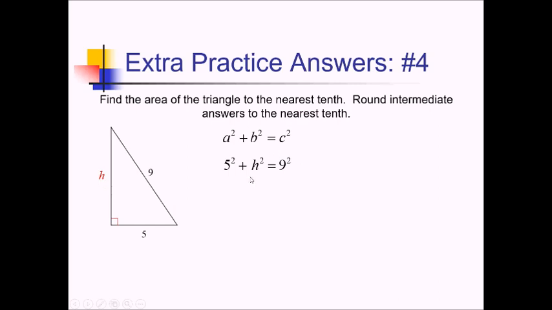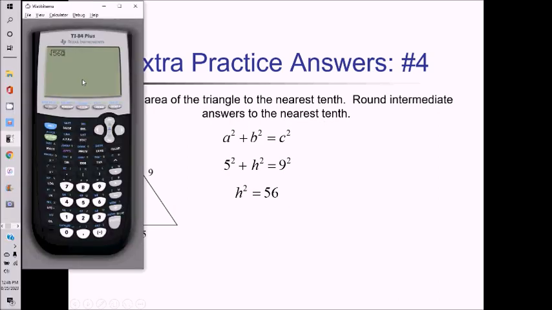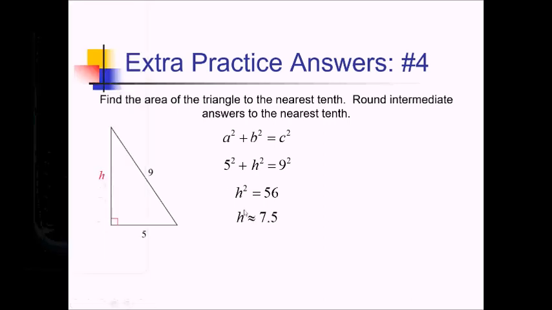So let's see here. That's going to be 56. And then let me square root that. I'm actually going to square root that on the calculator and round it off to the nearest tenth. And then I can use that value in my area formula. So here we go. I've got the square root of 56, which is 7.5 if I round that off.